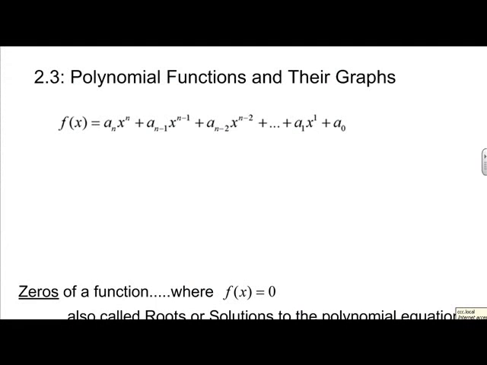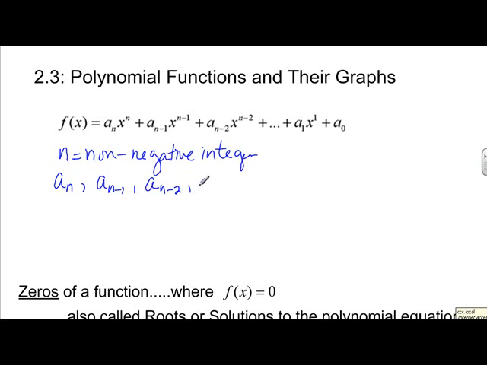A polynomial function is any function that can be written in this format, where n is some non-negative integer, and then the coefficients a sub n minus 1, a sub n minus 2, and so on are real numbers.